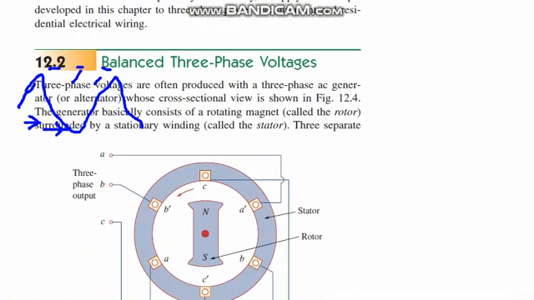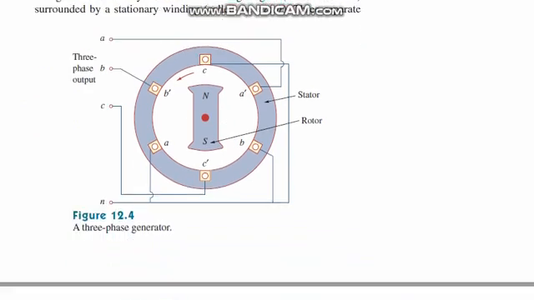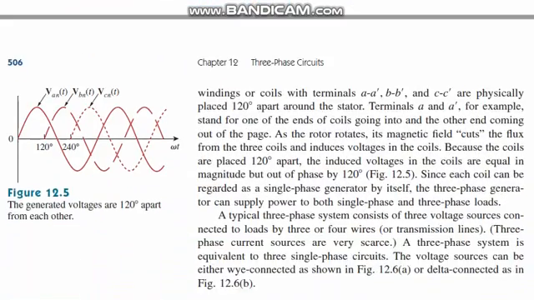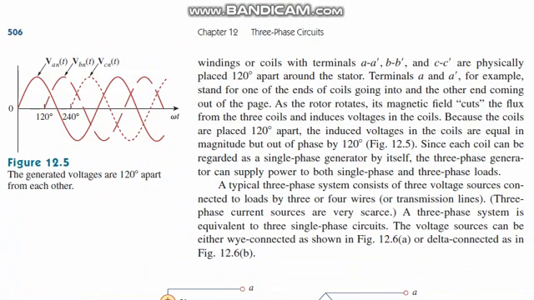You can see three separate windings or coils with terminals A dash, B dash, and C dash physically placed 120 degrees apart around the stator.